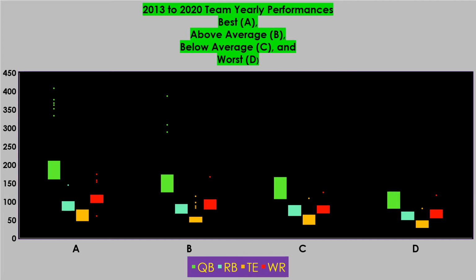So that is cluster A, B, C, and D. Then I used the box and whisker approach to look at the distribution of fantasy points in those teams over that time.